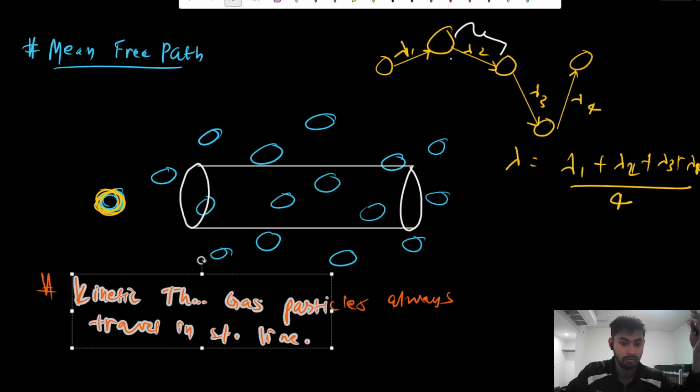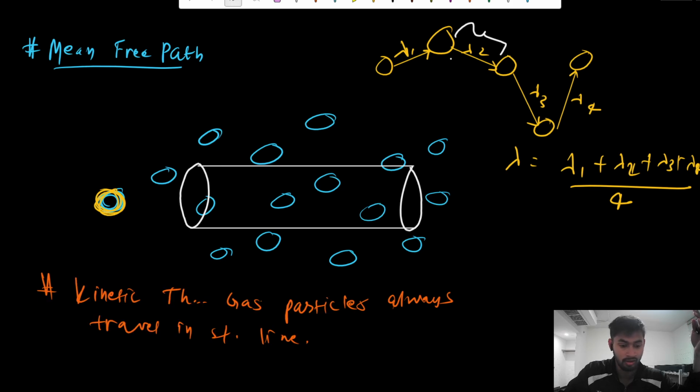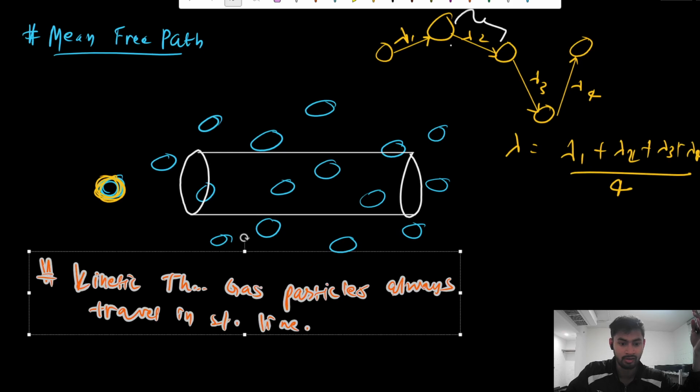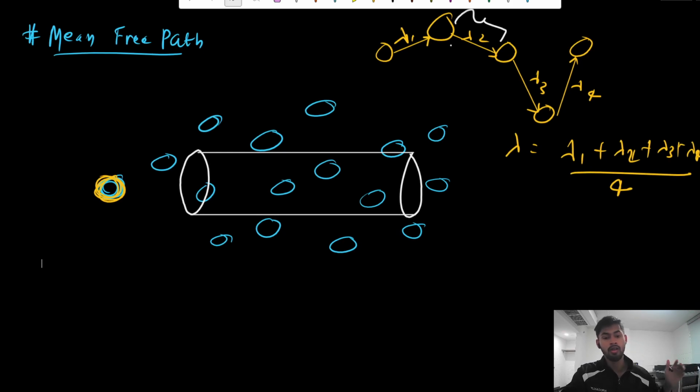Since the ideal gas always travels in a straight line, the first thing we did in this problem was strip away any possible movement in a random direction, which means the particle has to travel in a direction defined by us, which will be the x-axis, y-axis, or z-axis.